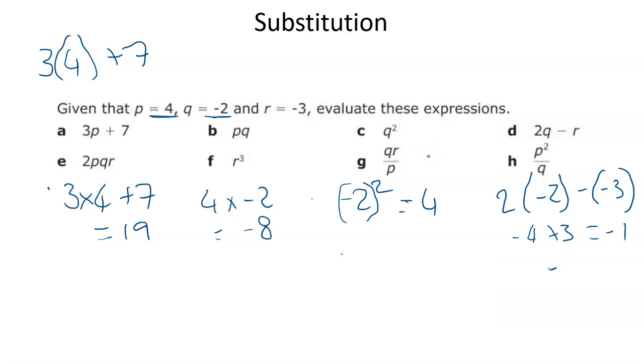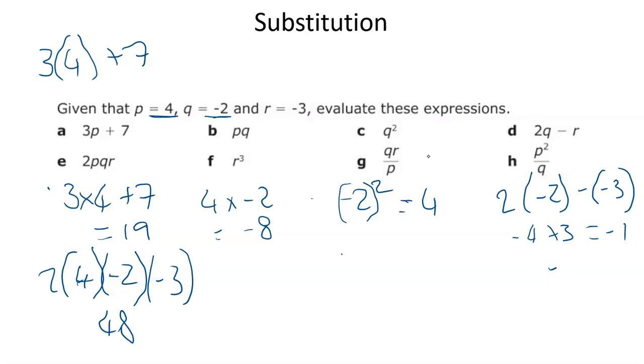I'm happy. 2 times 4, I'm just going to put them all in brackets so that I don't make a mess of these minus signs, and minus 3. Well, this is nice because minus and minus are going to give me positive, and then I can just work out 2 2s are 4, 4 times 4 is 16, and 3 16s are 48. R cubed is minus 3 cubed. 3 minus signs times together is still minus, and 3 times 3 times 3 is 27.